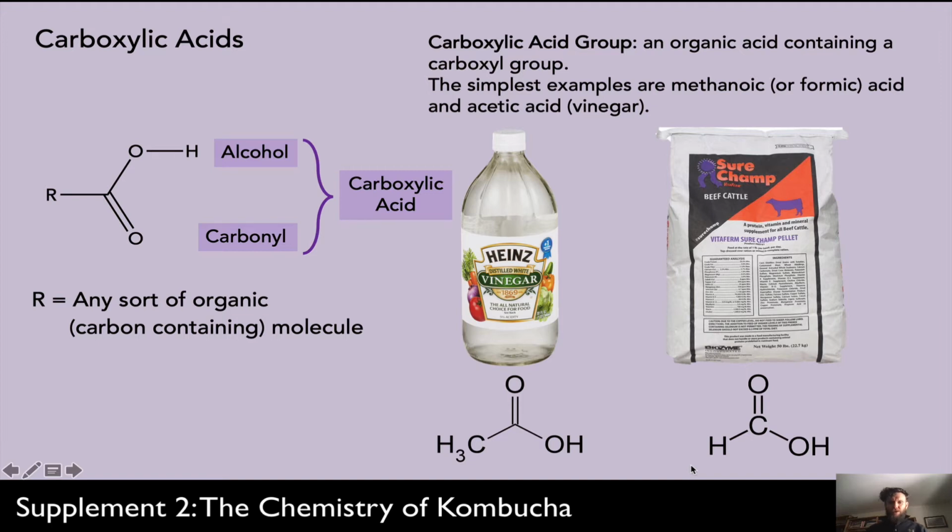So the two simplest forms of carboxylic acid are acetic acid, which has two carbons in it, and formic acid. So acetic acid, or common white vinegar, is that molecular formula that you see below right there. And then formic acid is even smaller. It's just a single carbon where the fourth bond the carbon can form is actually just to a hydrogen.